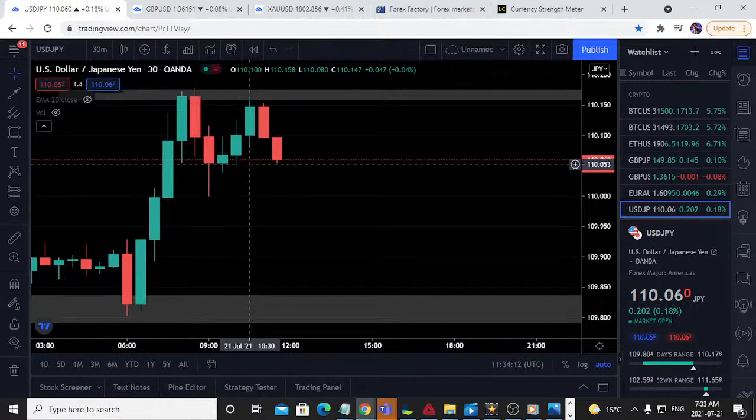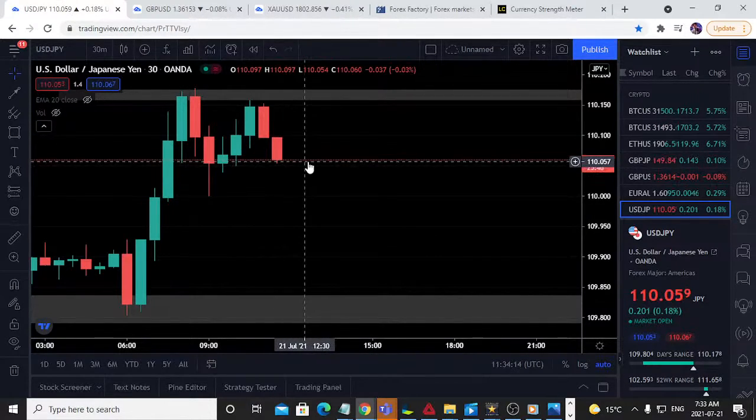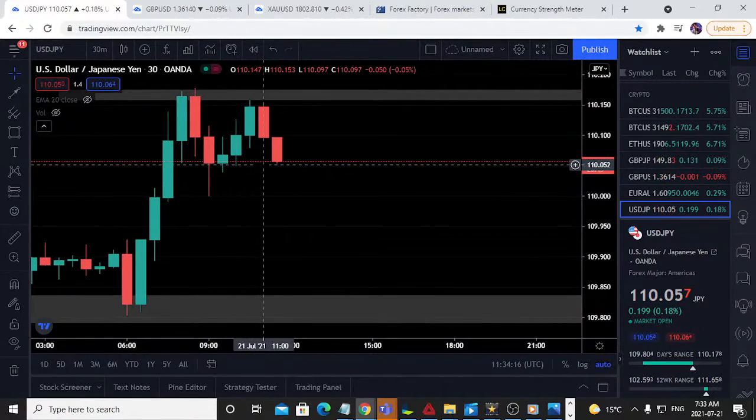Breaking this low, I do want to open up a sell here. It does look good because we were breaking lows. As an impulse option, I believe this would work. I'm just waiting for the low to be broken.